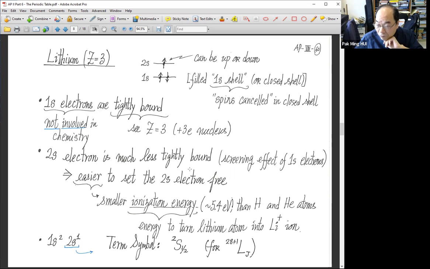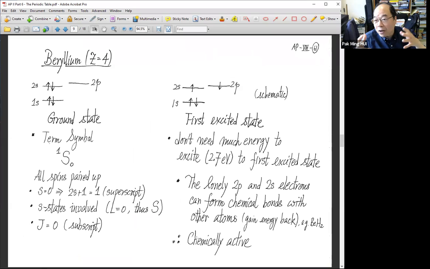Okay, S is half. 2S plus 1 is 2. All right, finally, L is 0, spin is half, the only J is half. So you have this. This is the ground state term symbol. Okay, but at least it's shorthand notation that you can communicate with the professionals, the chemists.